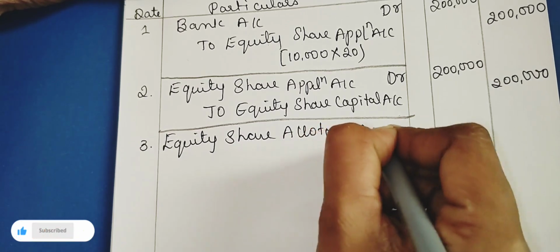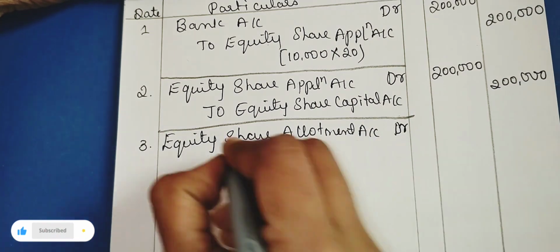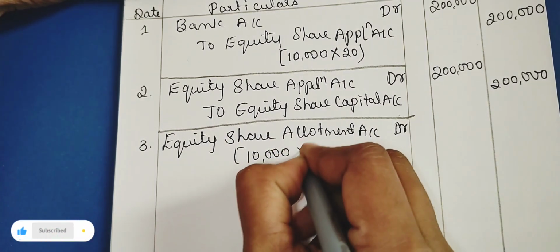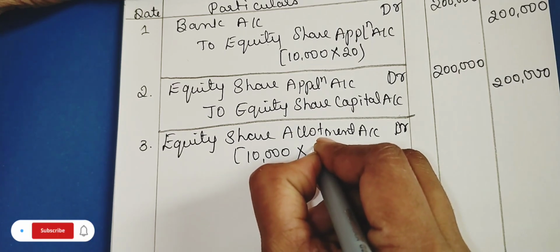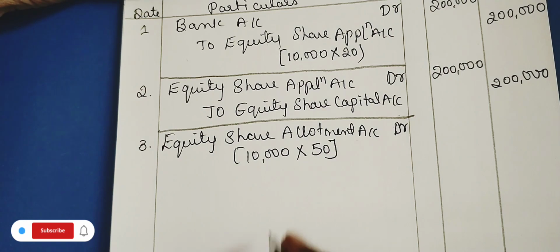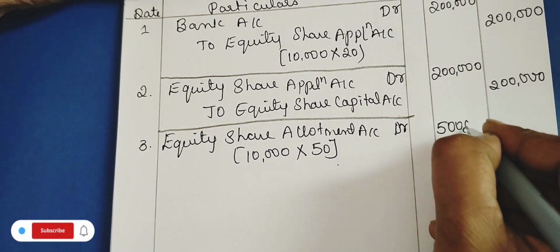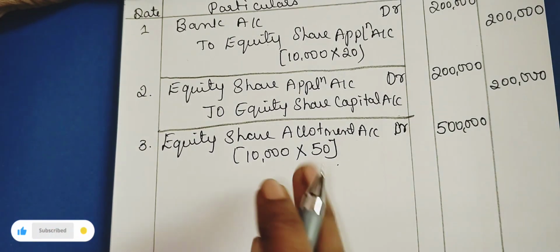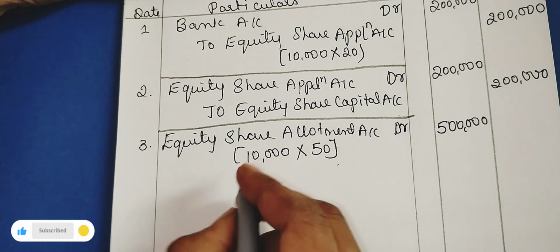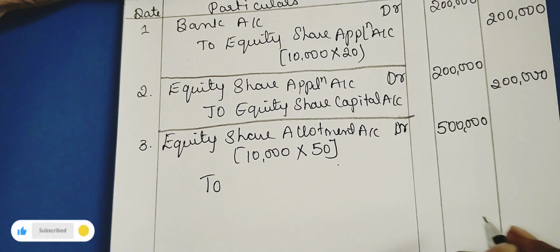Equity share allotment account debtor. How many shares? 10,000 shares. What is the amount on the allotment? It is 50, including premium. So 10,000 into 50 is 5 lakh. And this 50 includes premium rupees 10 also. So that we need to show it separately. And what is the amount which is going to capital?